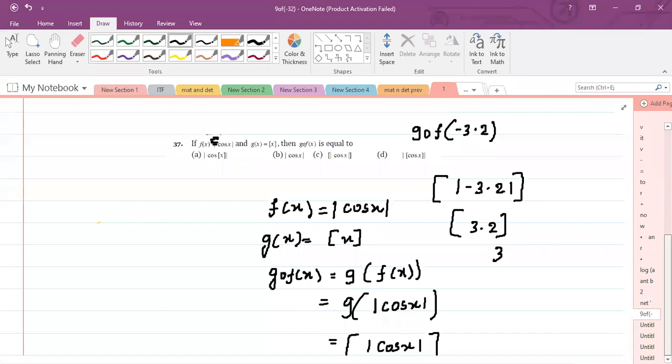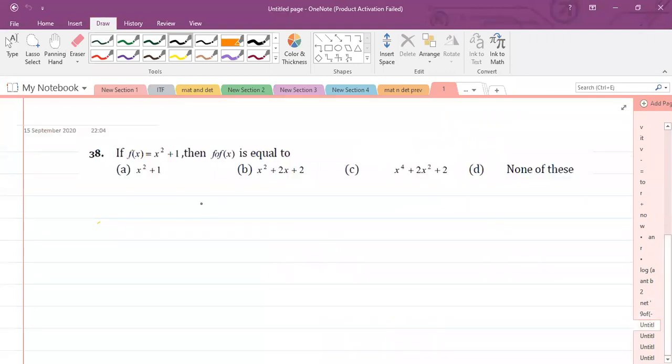So let us move into the next question. f of x is equal to x square plus 1. Then fof of x is equal to?